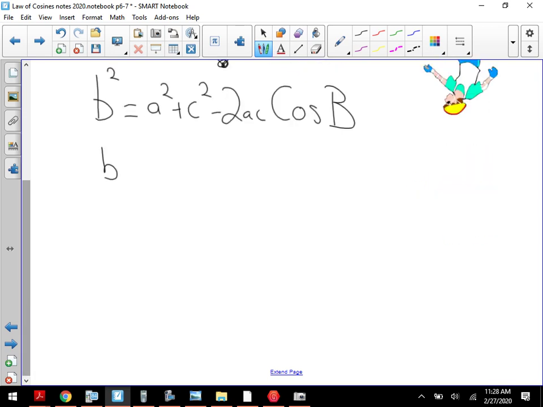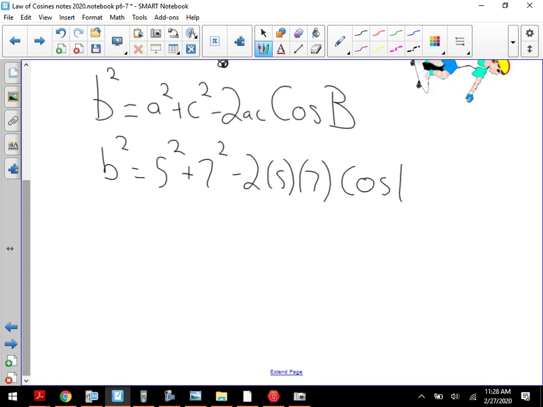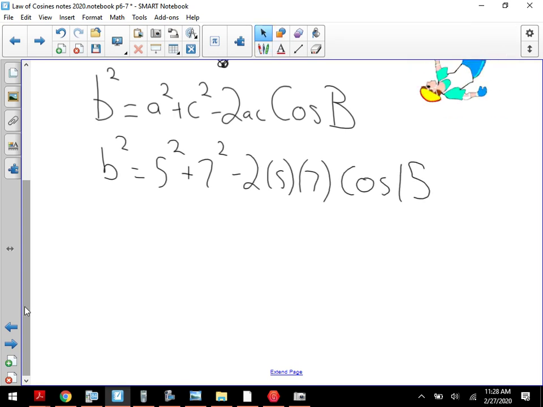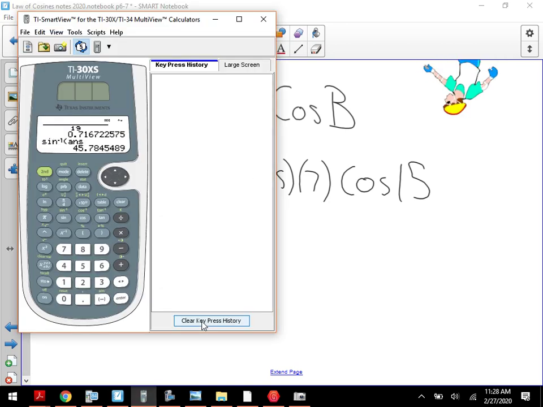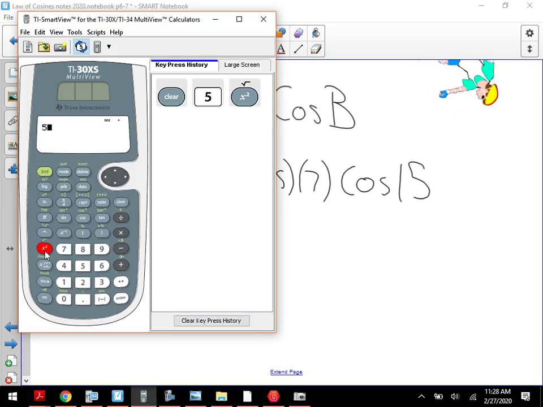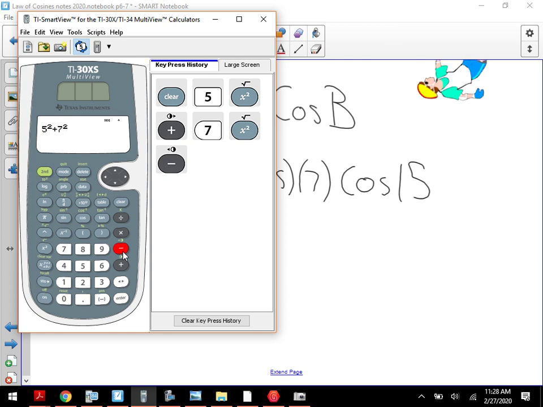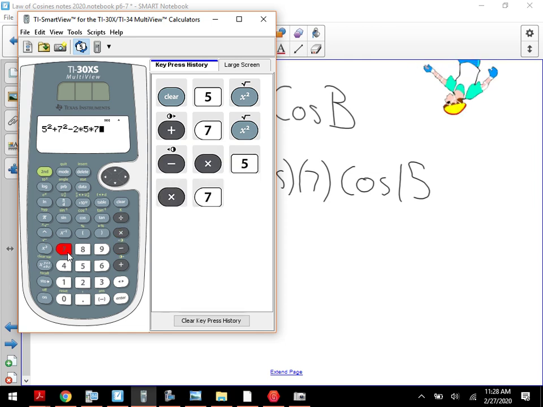Our little b value squared is going to be 5 squared plus 7 squared minus 2 times 5 times 7 cosine 15. You have all of the information on the right-hand side, so all you have to do is type it all in. 5 squared plus 7 squared minus 2 times 5 times 7 cosine 15.